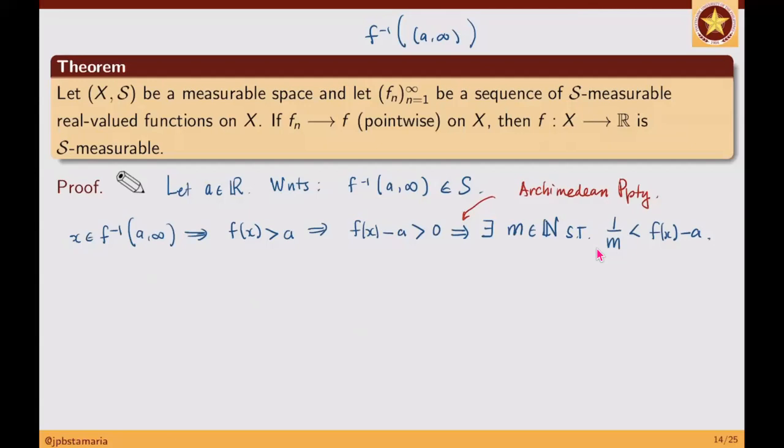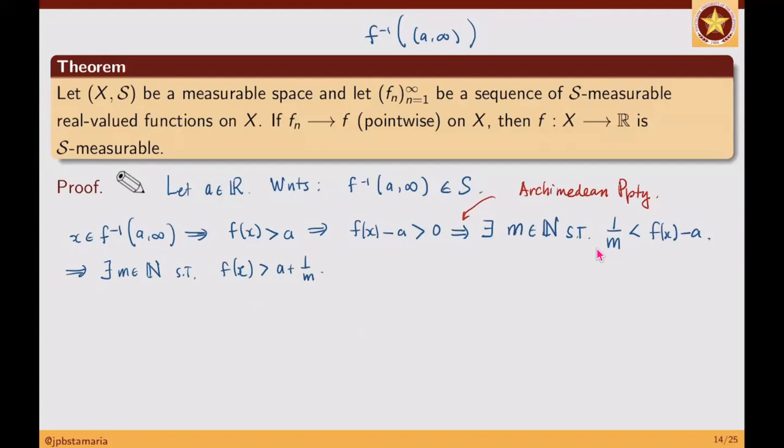So what's next? In this case, let me rewrite. There exists m in N such that, isolating f of x, f of x is greater than a plus 1 over m. It's just isolated. Okay?